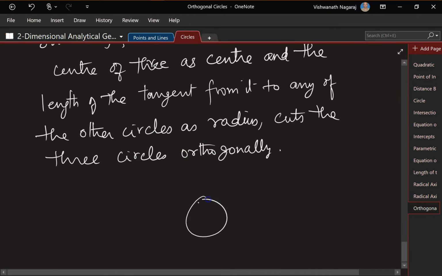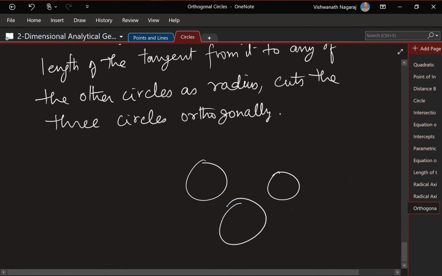Let's say this is one circle, this is another circle, and this is another circle. This is the radical axis of these two circles, this is the radical axis of these two circles, and this is the radical axis of these two circles. This is the radical center.